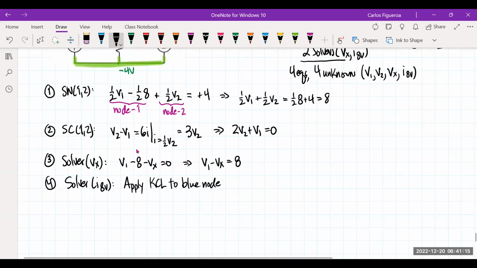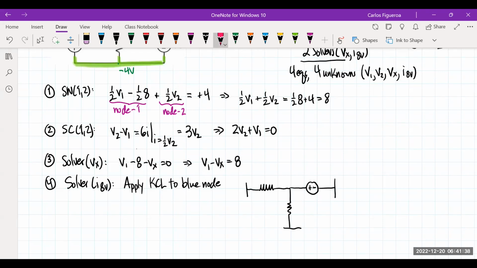I have my resistor, and I have another resistor here. Unfortunately, these guys have the same resistor value, so I'm going to change how I write this.